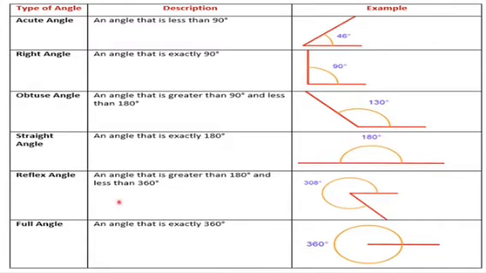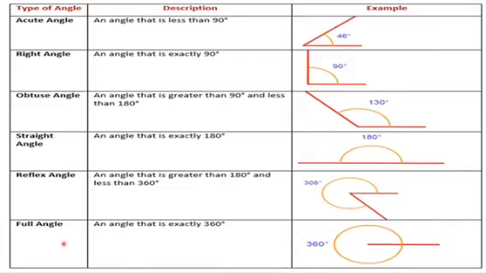Reflex angle, an angle that is greater than 180 degrees and less than 360 degrees. Here an example of 308 degrees is given. So 308 degrees is an example for a reflex angle because it is greater than 180 degrees and less than 360 degrees.